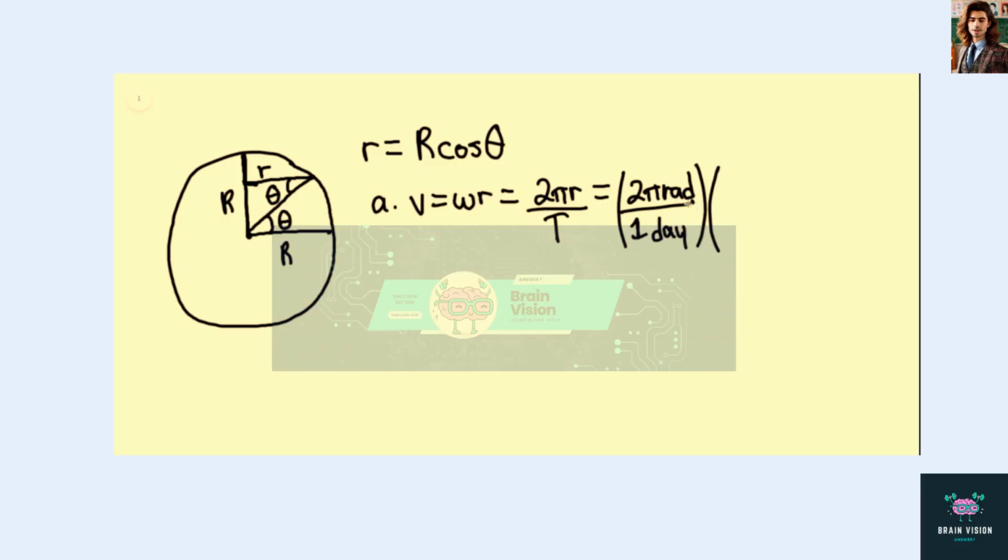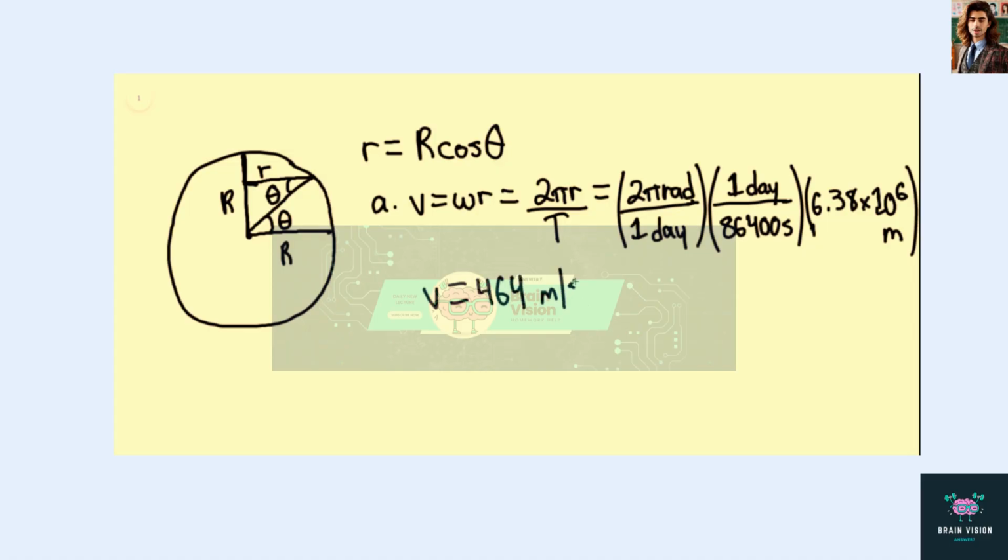This would be multiplied by 1 day for every 86,400 seconds, and then multiplied by r, the radius at that particular location, 6.38 times 10 to the 6th units, of course, meters. And so V would be equaling 464 meters per second.